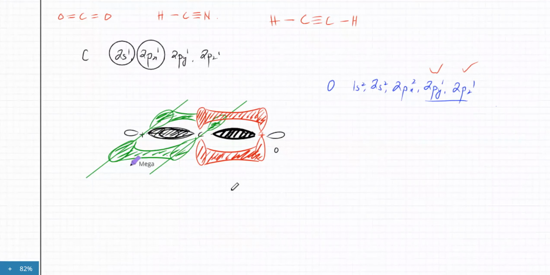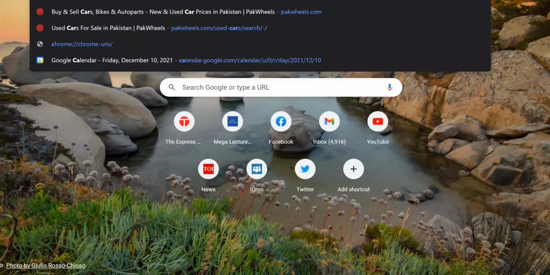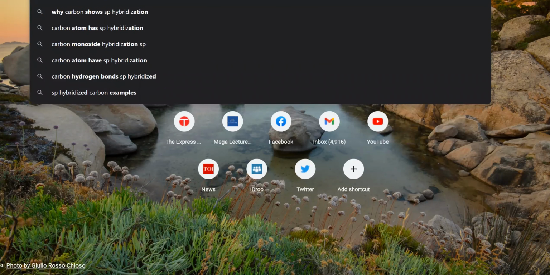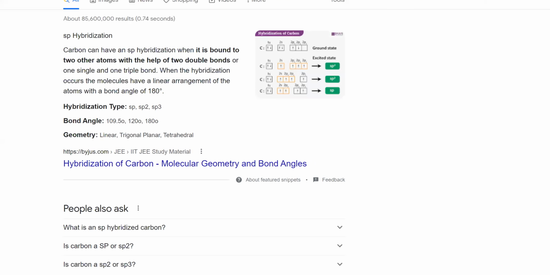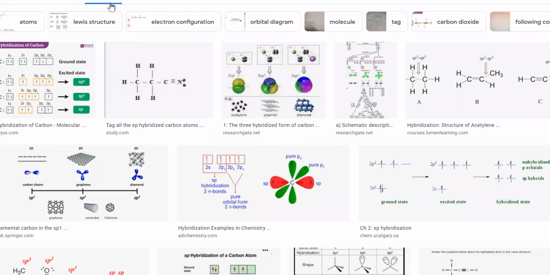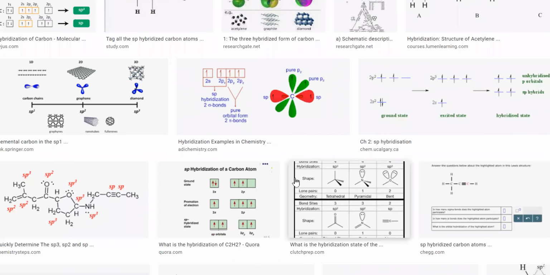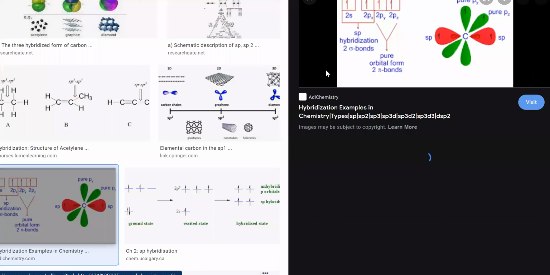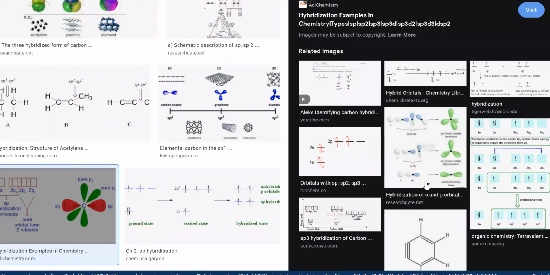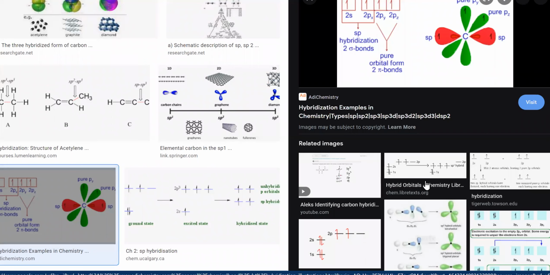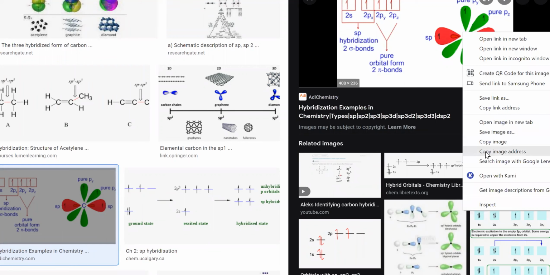So the carbon atom, very quickly, maybe I can just find a picture instead of drawing this. SP hybridized carbon. So that is sufficient.